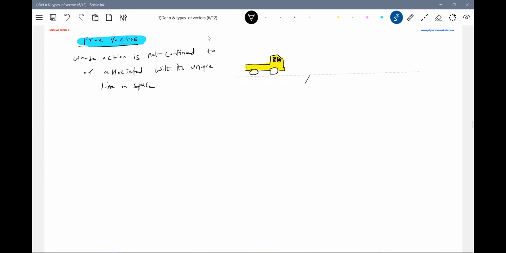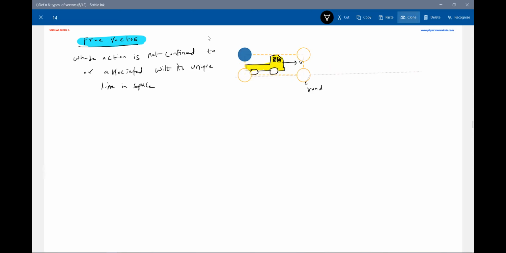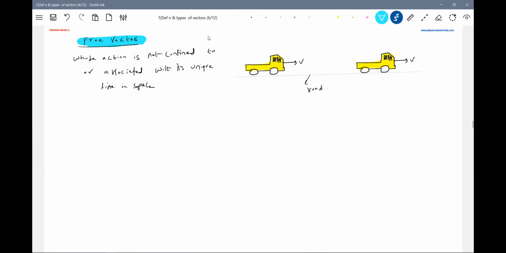Now this particular truck will have a velocity vector. After some time, this truck will be at some other position, will undergo displacement and will be at some other point on the road.